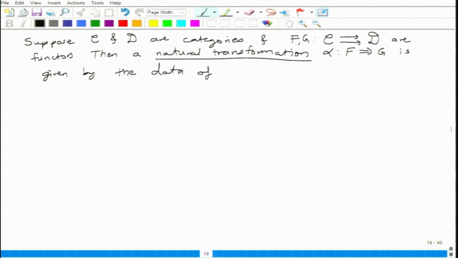Now, I don't want to give you the definition directly, but I want to make sure that you understand what's really happening. Right now, if there is an object A of category C, then how many objects do you know in category D?